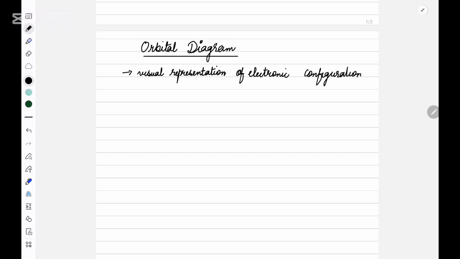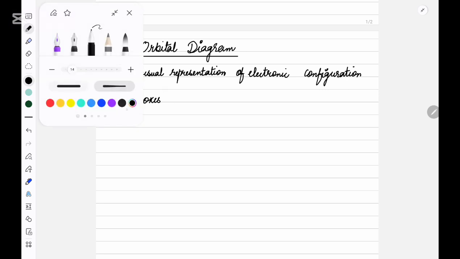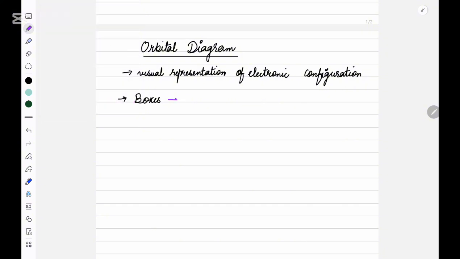There are certain rules to write them: we use boxes to represent the orbitals, and arrows are used to represent electrons. We use arrows to represent the spin of the electron.